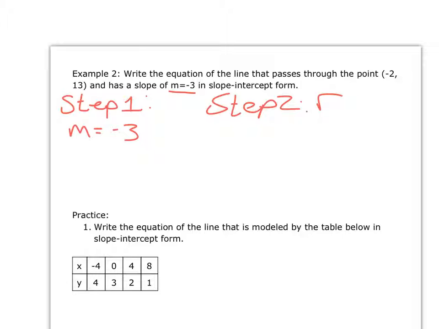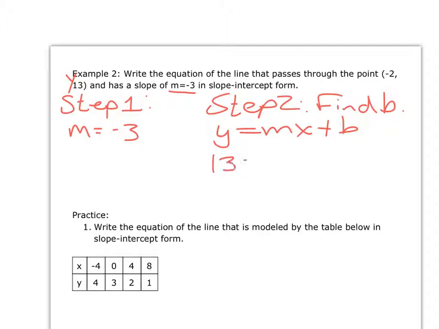All right, step 2, we're going to find b. So the first thing I'm going to do is use y equals mx plus b. I'm going to plug in what I know. I know that y is what? 13.